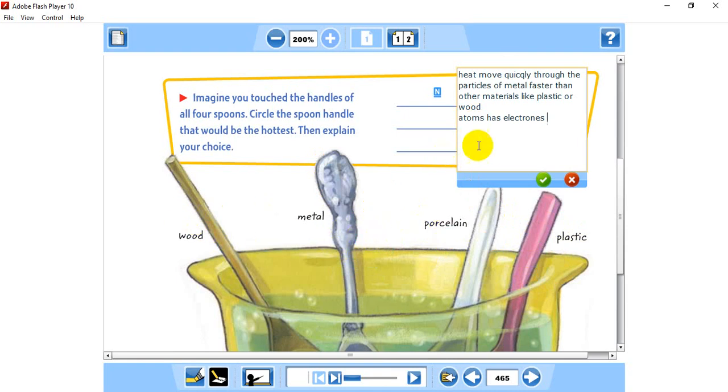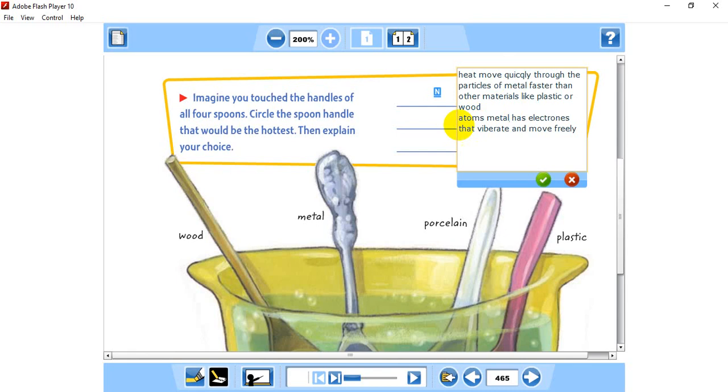So atoms have electrons that what? That vibrate and move freely, okay, guys, freely. So for that reason, the atoms of, I forgot to write metal, okay, metal.